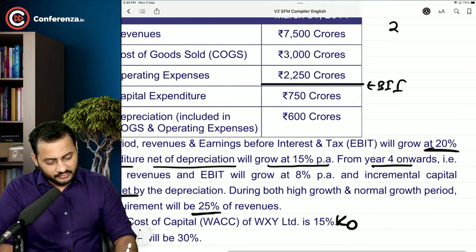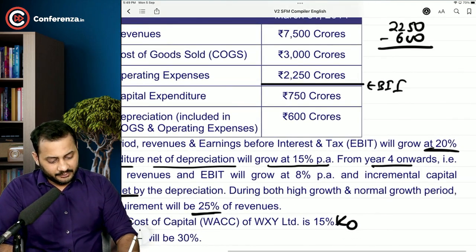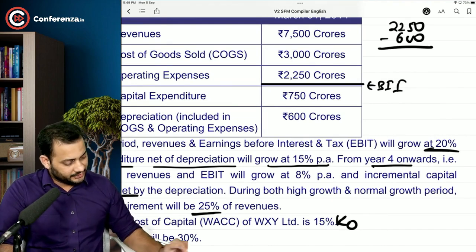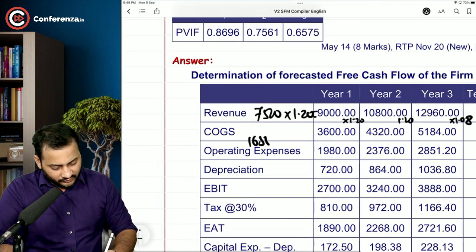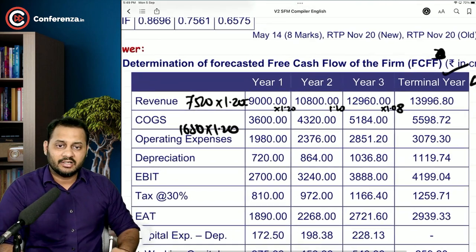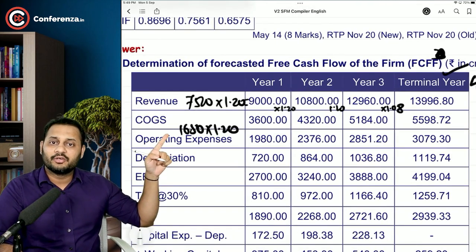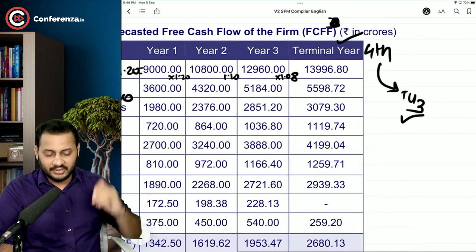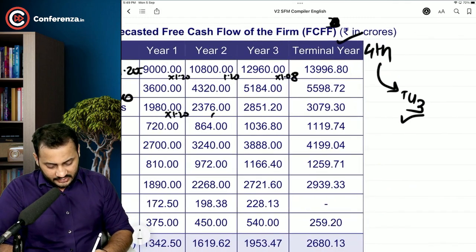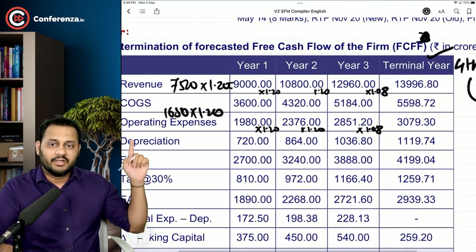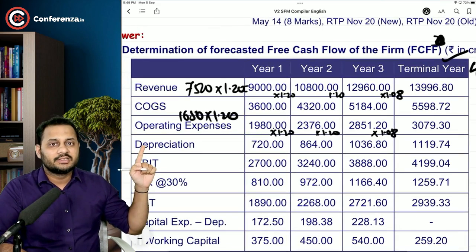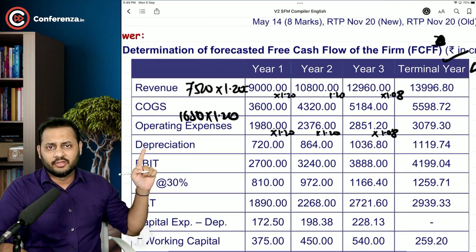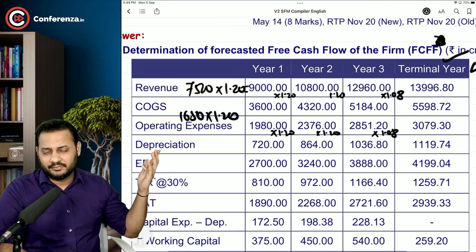Out of 2250, if you separate the depreciation, it comes to 1650, and that 1650 is for the 0th year. Once you start increasing it by the growth rate of 20%, it will come to 1980, then again 20%, again 20%, and then 8%. So out of this operating expenses, depreciation has been separated and written in a different column. However, this was not required as such.